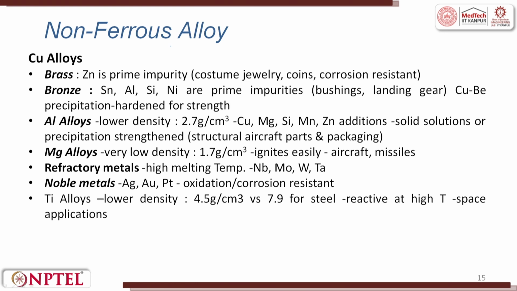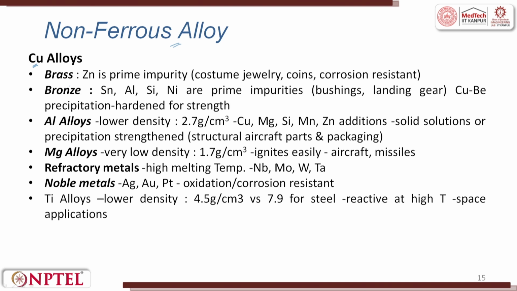Now, let us move towards non-ferrous alloys. In non-ferrous alloys, copper has been used for quite some time. Two of the most commonly used alloys of copper are brass and bronze, though many other things are used.